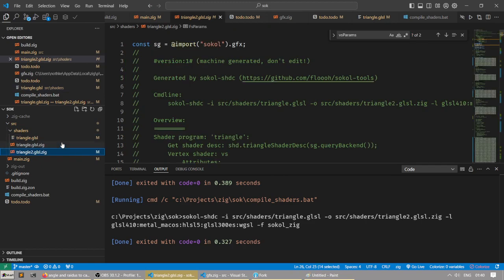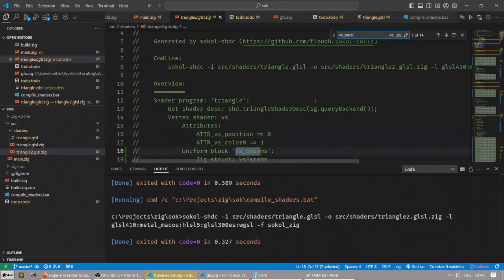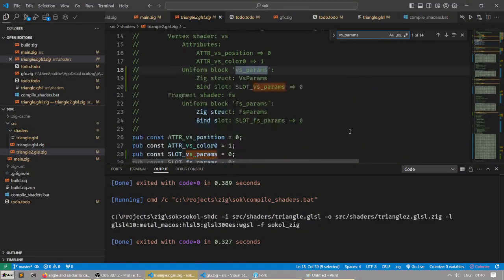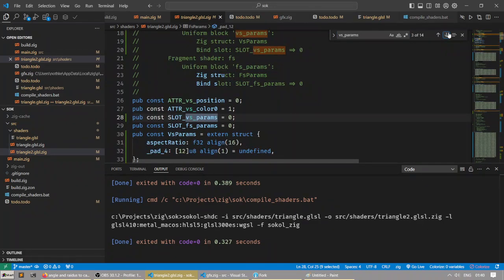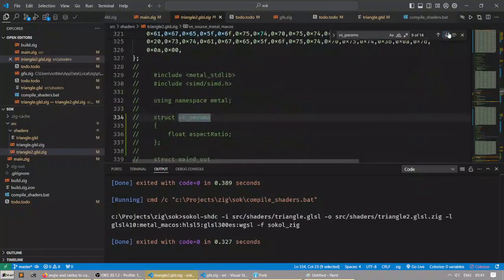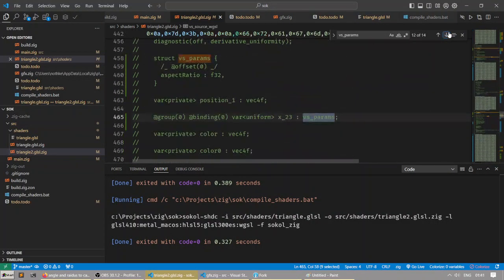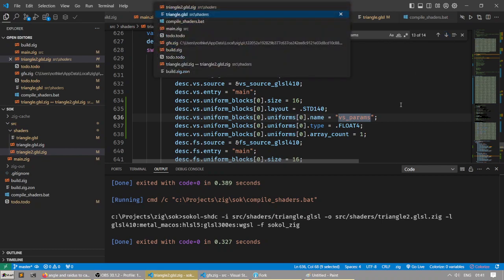Right? Let's go into the compiled shader. Yeah, I mean, there it is. So what's the problem?